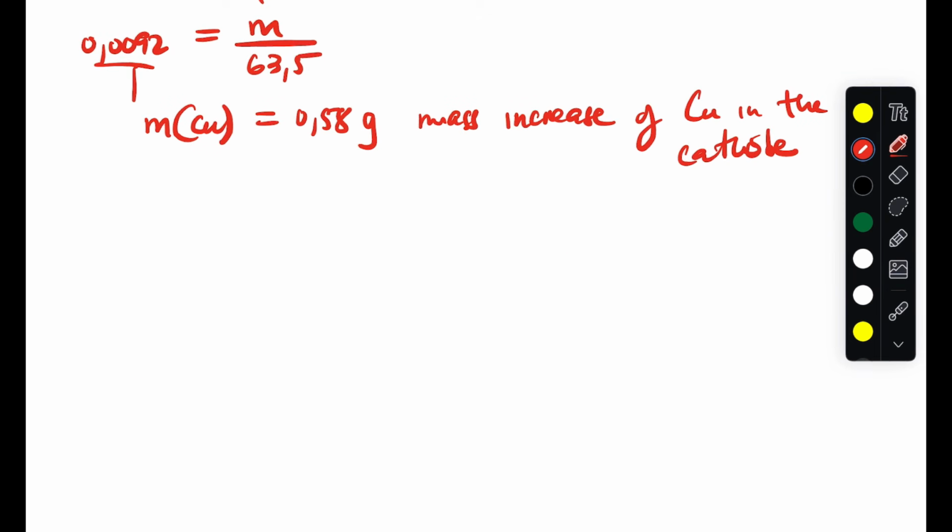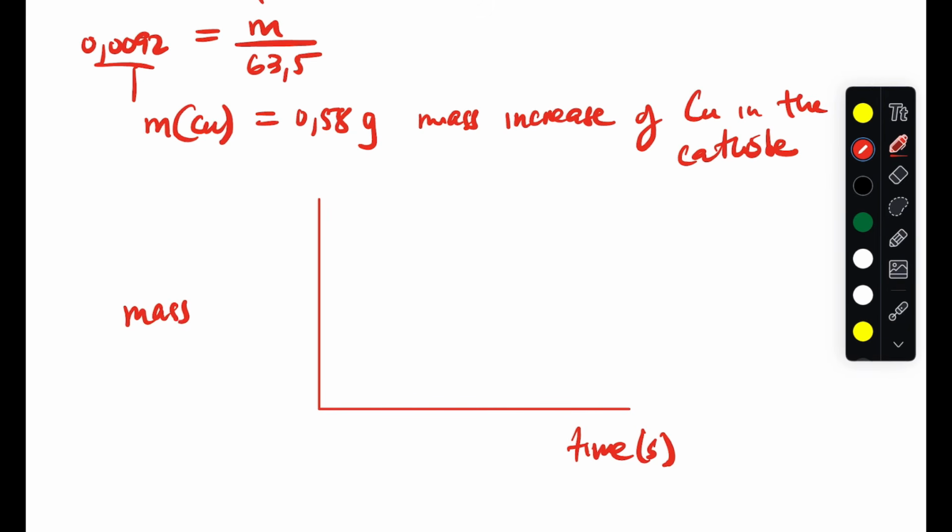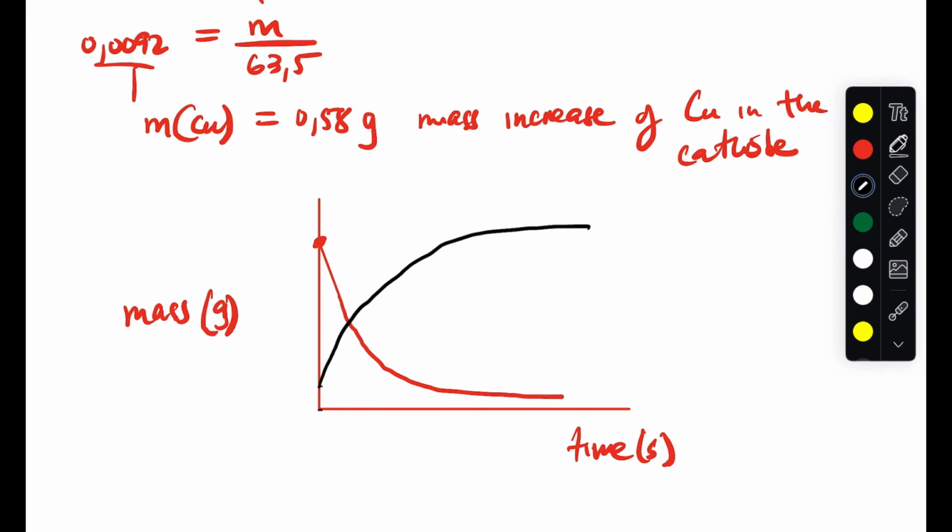Graphically, guys, it's going to be time here in seconds, and mass here in grams. So what is happening here? At the anode, there's a mass decrease. Let's say its mass started there and then decreases there. The cathode's mass doesn't start from 0, it starts there, and there will be a mass increase.